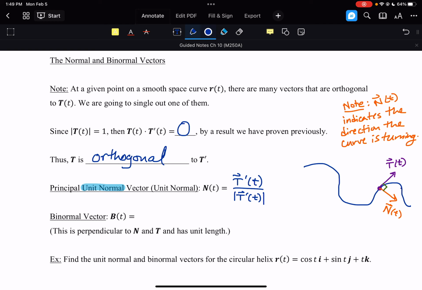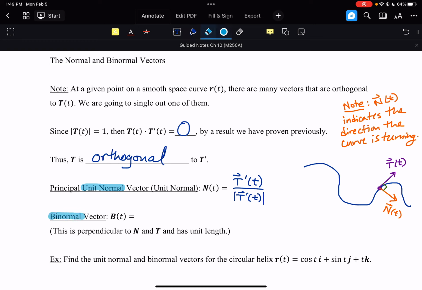So you can see here the curve is turning to the right, or it's turning back down this way. That's what this arrow is indicating, this vector. If we were back over here and we're kind of arcing it to the left like that, the vector would be pointed this way. Okay. So N of t does give us valuable information at any point. It can tell us the direction that we are turning at that point.